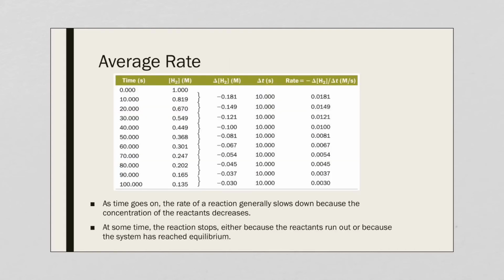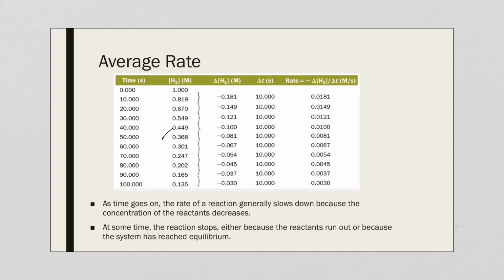So if we look at rate data, this might be rate data that you would collect, right? So every 10 seconds here, we're measuring the concentration of H2 by some means. And so we can pick any two numbers here, and we can calculate the change in that concentration over any particular time period.